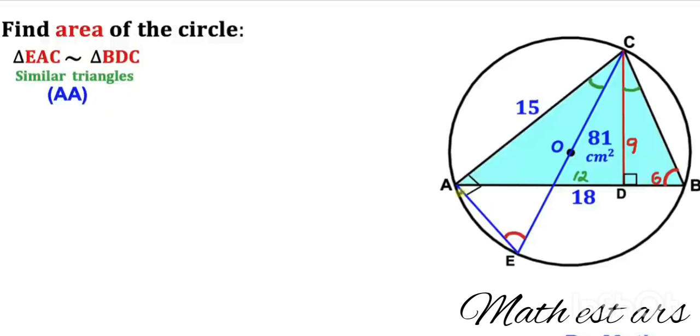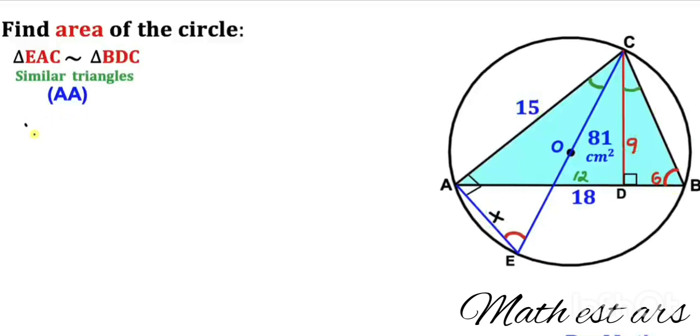And now let me go ahead and label this side length AE as x. And now we are going to solve for this x. So therefore we are going to have a proportion in these two similar triangles. In other words, the ratio of x and 15 is going to be equal to the ratio of 6 and 9.